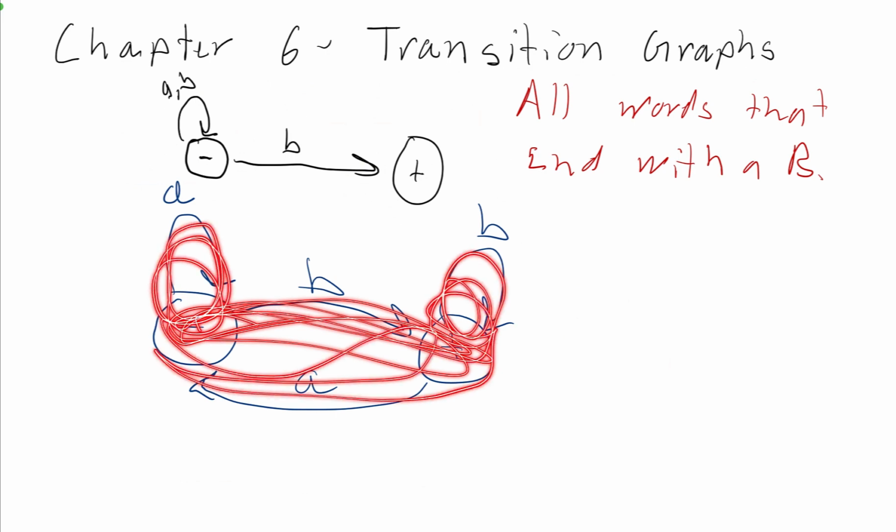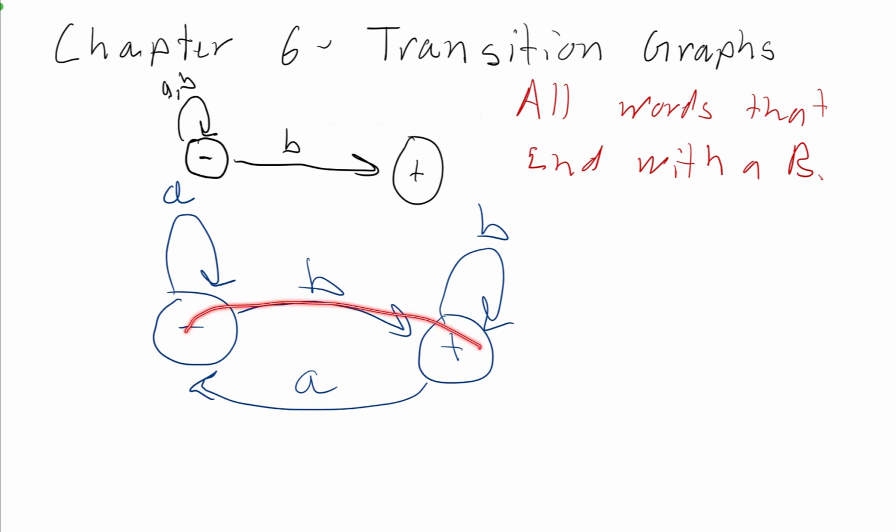And then if our word ends in a B, we'll end up in this state, either through that way or by reading multiple B's, and we'll accept the word. If the word ends in an A, then we'll come back to this state or maybe stay in that state, and we will reject the word. So this is a finite automata that accepts the same language as this transition graph.